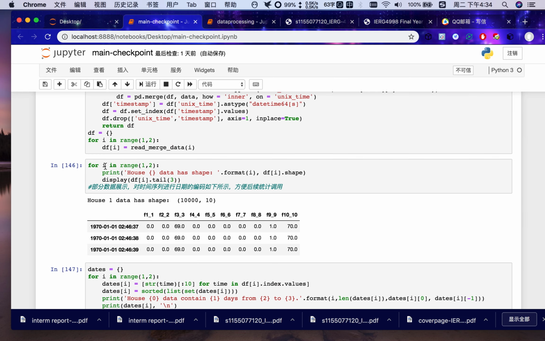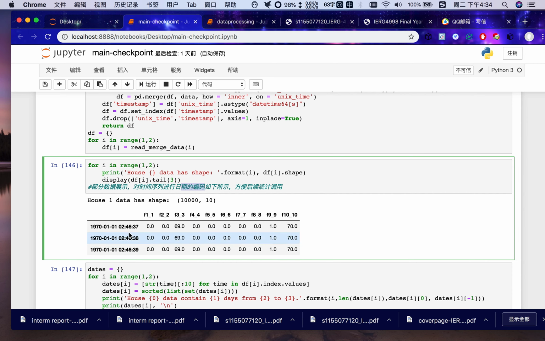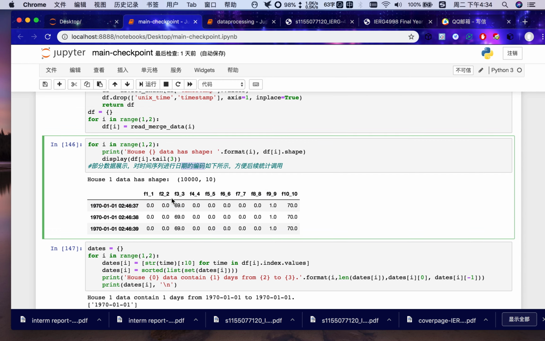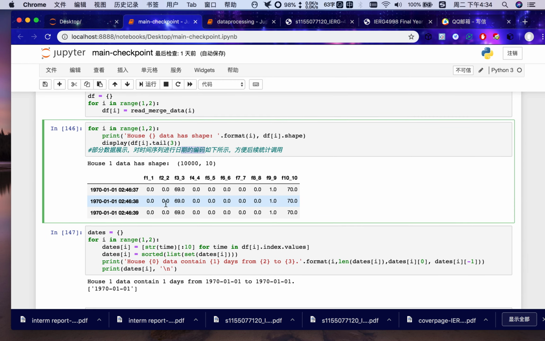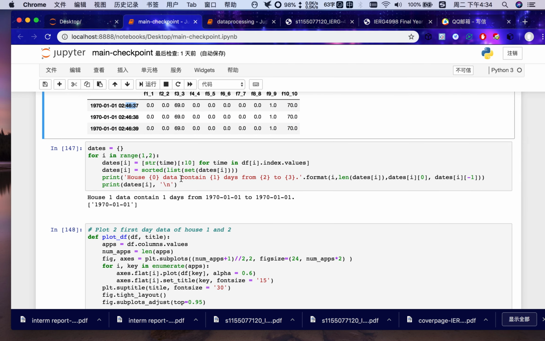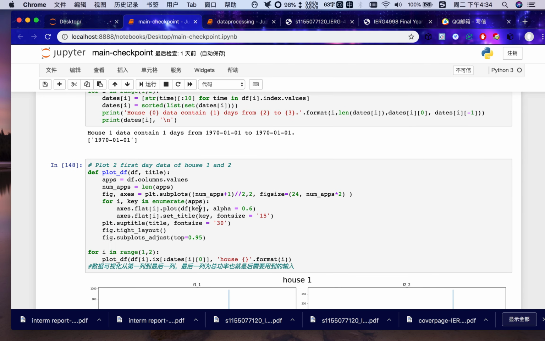Then I add the date on the first rows for later treatment, and I also add the year, date, and time on these first rows.